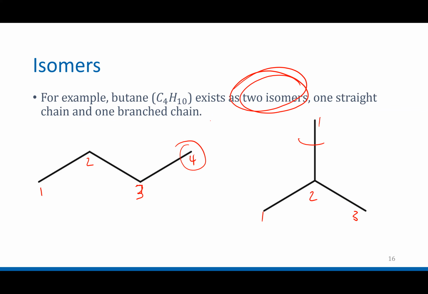Let's just name them for fun. You guys might not think this is fun. I think it's fun. We will get into naming in chapter 2. So if any of you guys are confused, you're kind of meant to be right now, because we haven't done this yet. So we would call this guy butane.